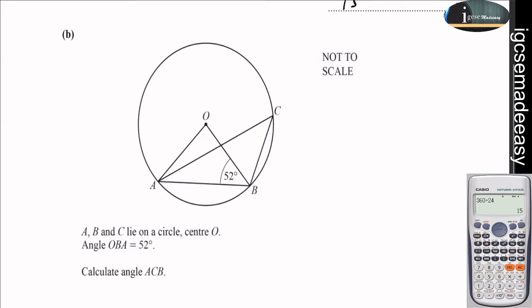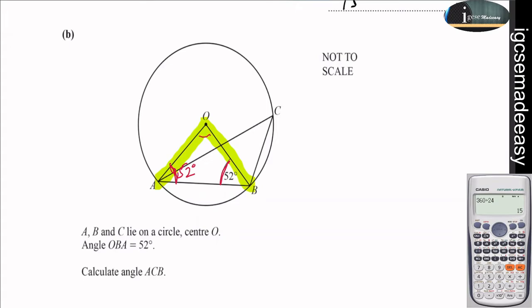Part B. A, B, C lie on the circle with center O. Angle OBA is 52 degrees. So you know that these two sides will be equal in this case. If these two sides are equal, then the angles will also be equal. If this is 52 degrees, then this should also be equal to 52 degrees, right? Because it forms an isosceles triangle.